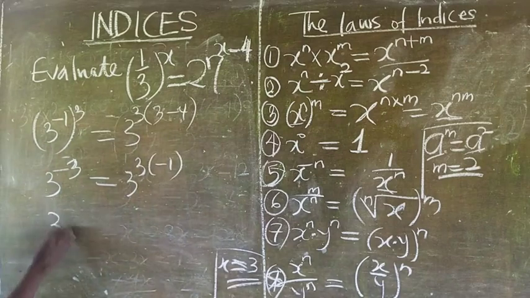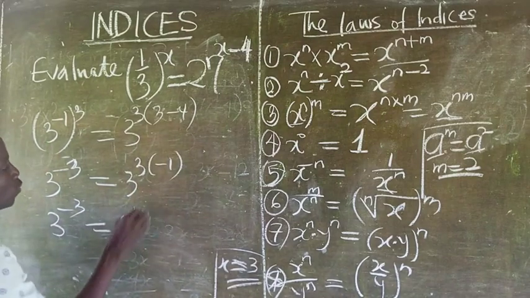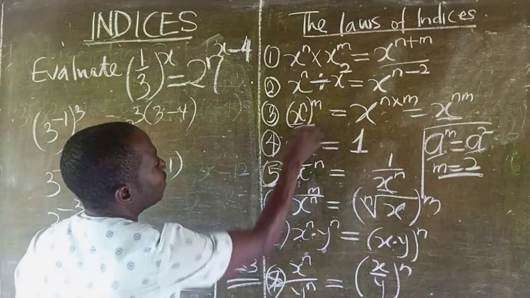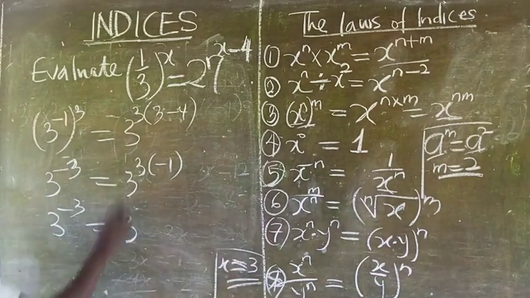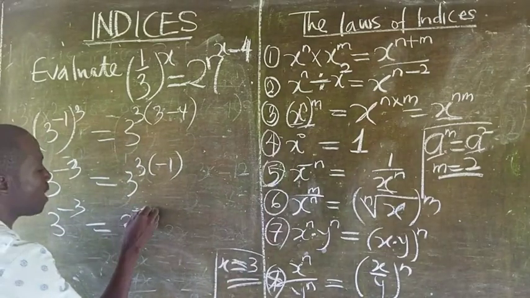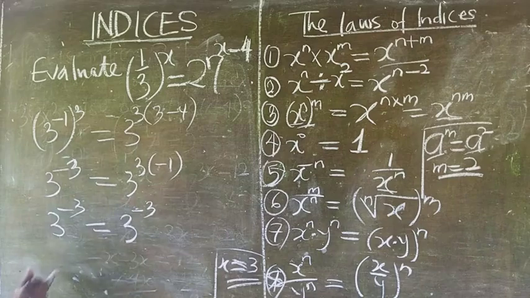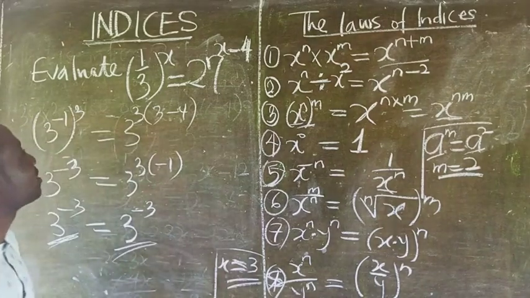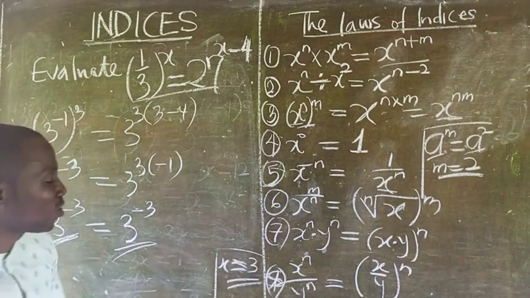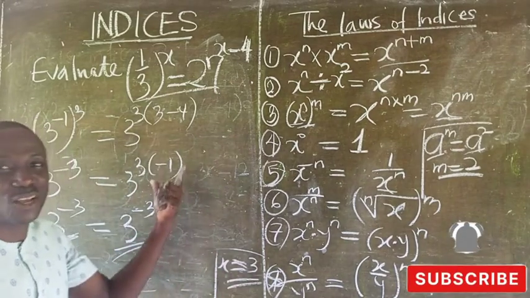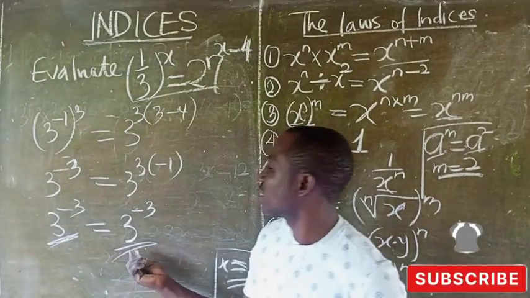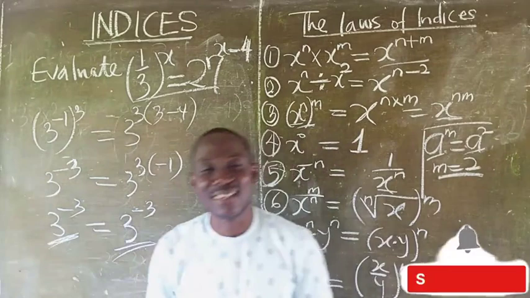You see? So yes, 3 raised to power minus 3 equals to 3 raised to power 3 times minus 1. So if we employ this, two powers multiplying, 3 times minus 1 to be minus 3. You see that? So the law that we have employed has been able to help us to evaluate our original equation, and we've got x to be 3. So when we check, what was on the left hand side is exactly equal to what is on the right hand side, and this is our answer.